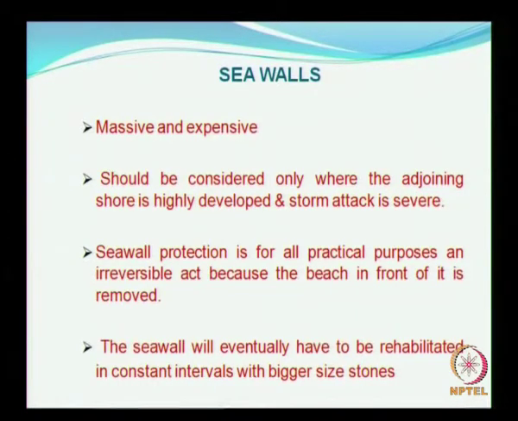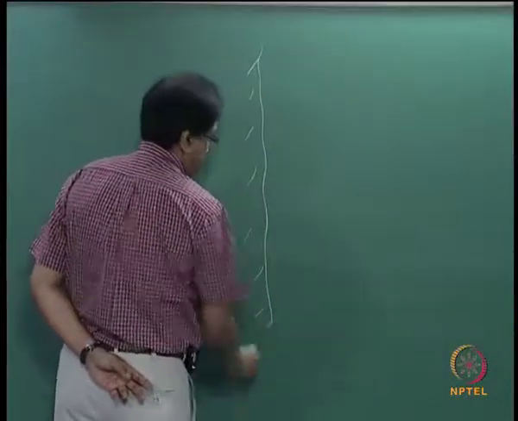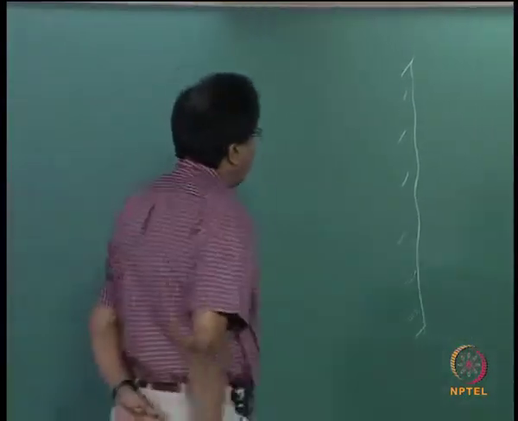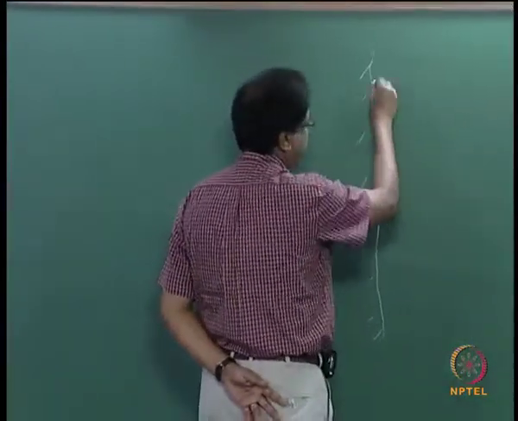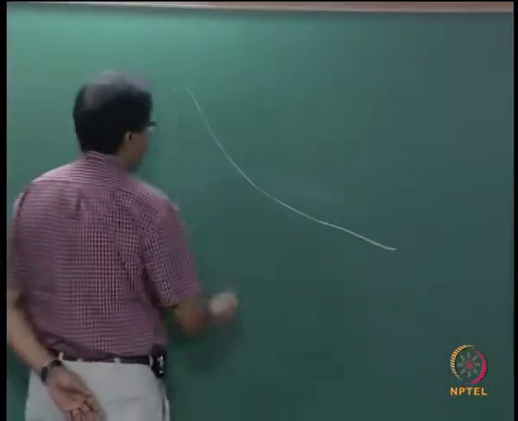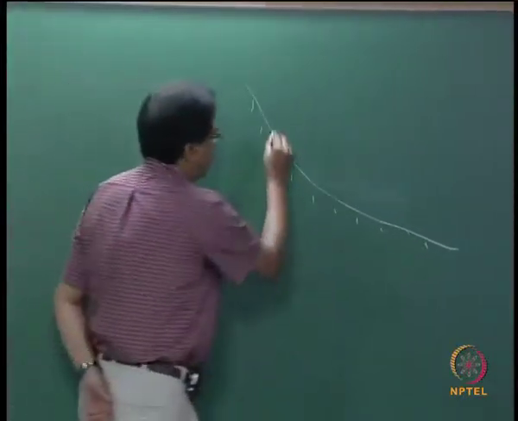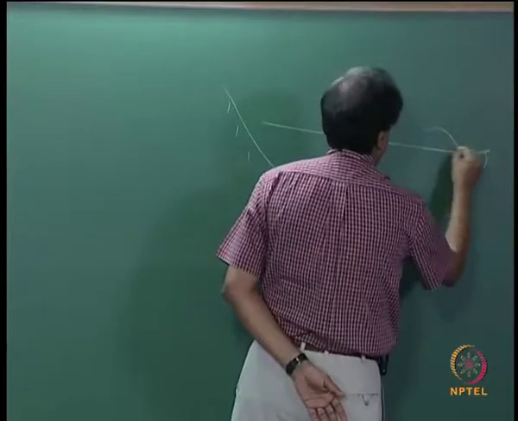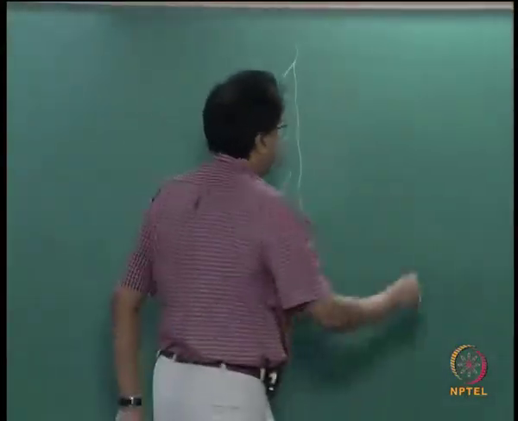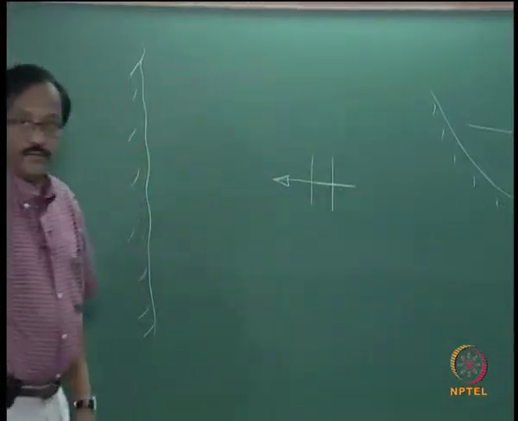So, first of all, sea walls: if there is an erosion taking place, this is the plan and this is the beach profile. This is how you represent it in section and this is how you represent the wave in plan.